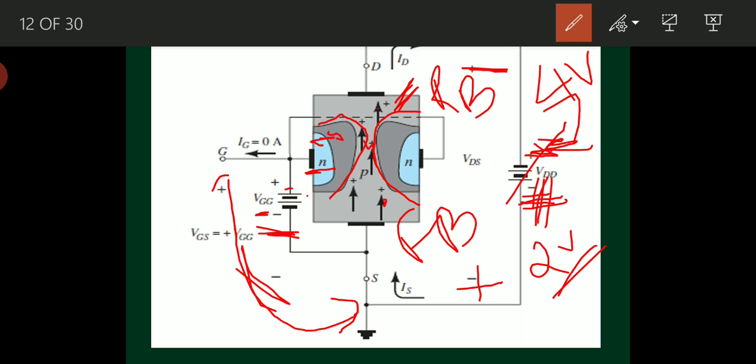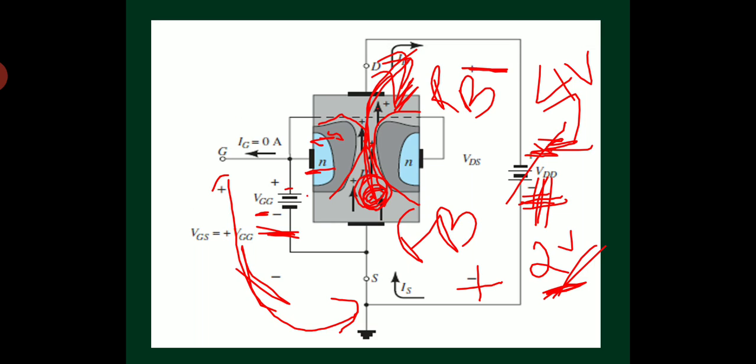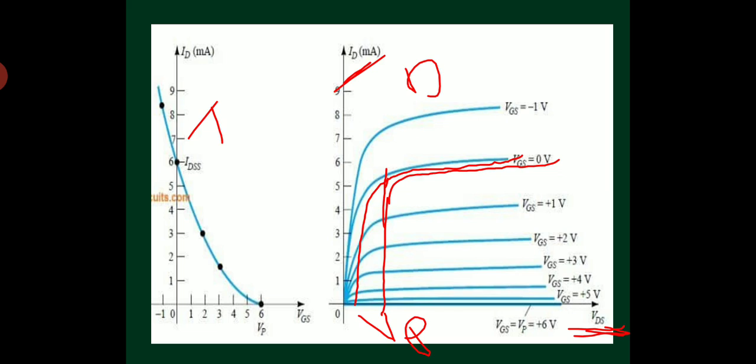So at VDS equal to 2 volts only, what will happen? All the charge carriers will accumulate here, and only a constant number of charge carriers will move from source to drain terminal. So current becomes constant. That is shown here in this graph.